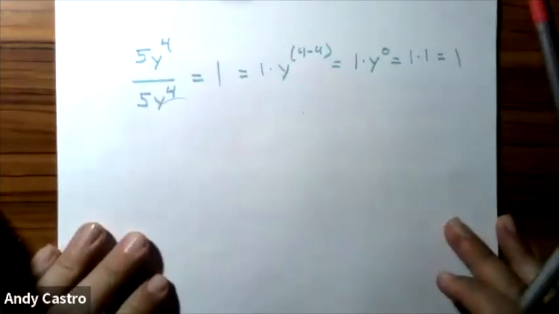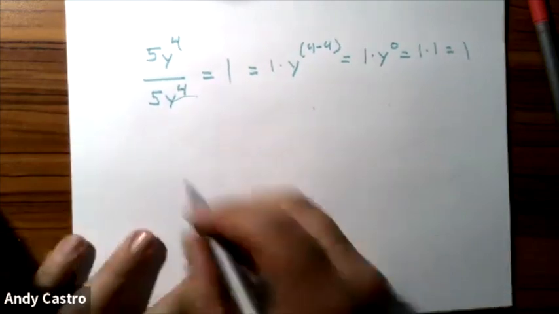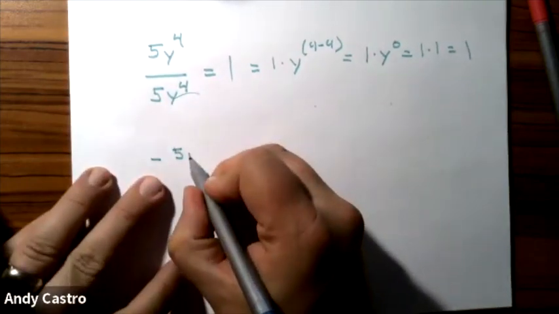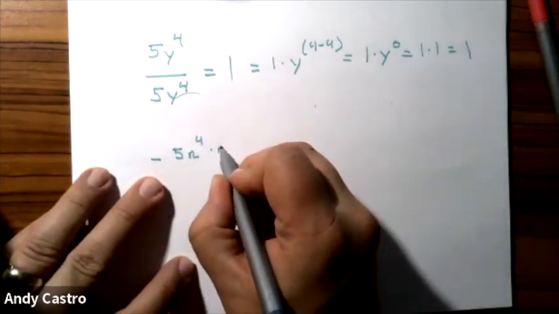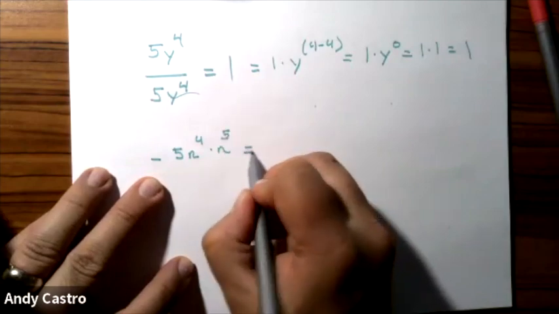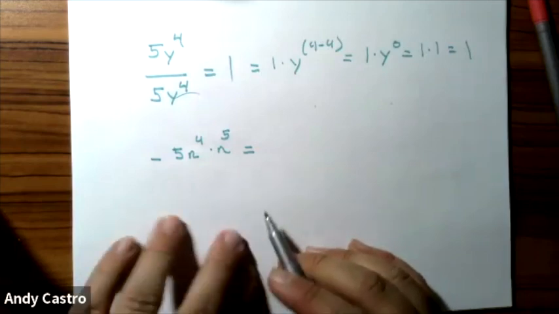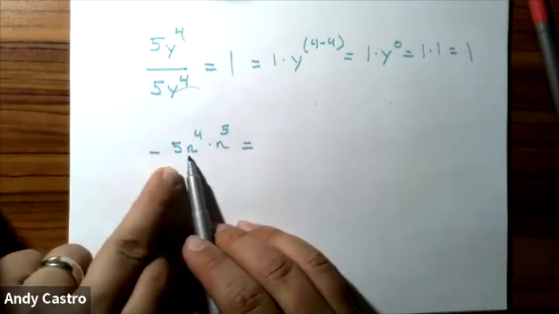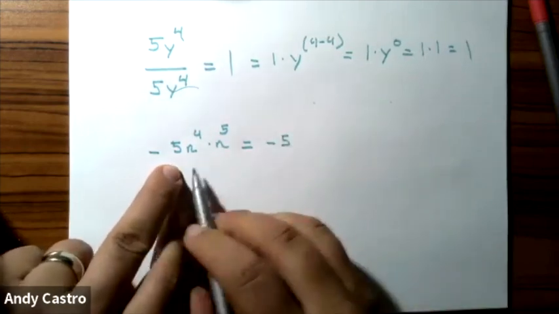Okay, let's do another example. I'm going to have negative 5 n to the fourth times n to the fifth. How would I work this one? Well, the negative 5 is not the same base as the n and the n, so I'm just going to leave that alone.